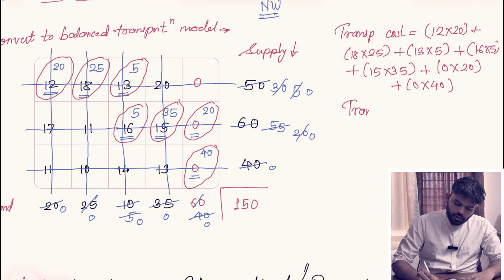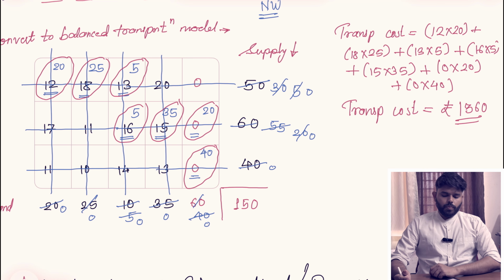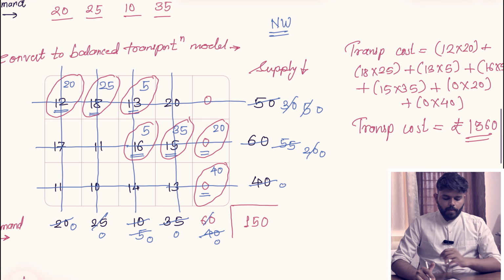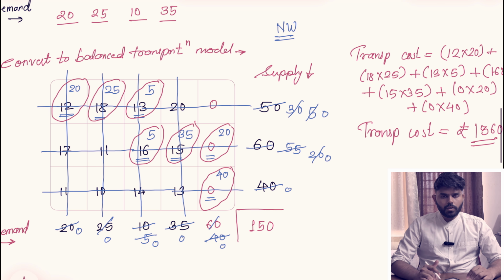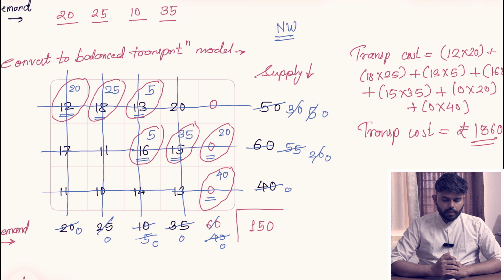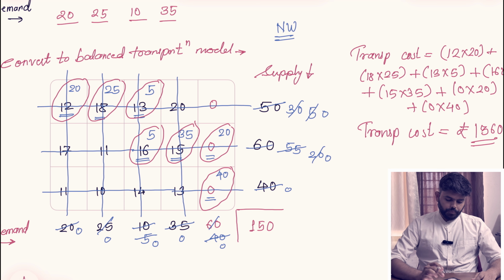So the total transportation cost will be 1360 rupees. So this is the process in which we convert the unbalanced transportation problem to a balanced one, and then we solve it by any of our conventional methods.